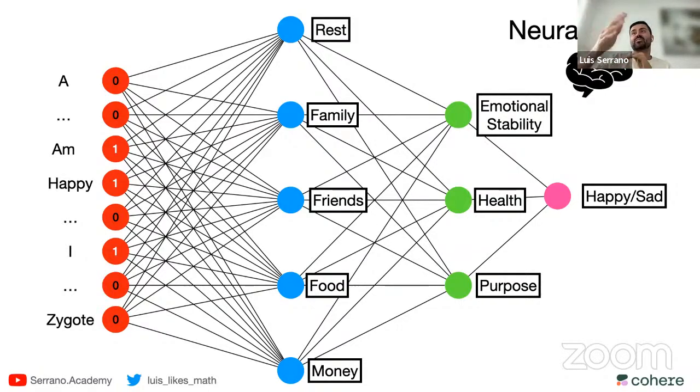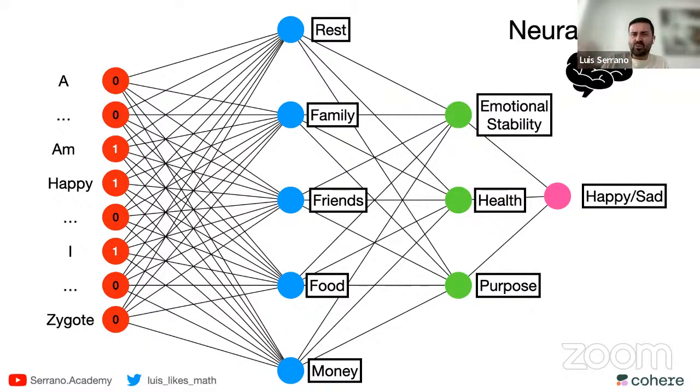And then all those outputs go into a next layer, which tells you more complex things like emotional stability or health or purpose. And then that one goes to the end one that tells you if you're happy or sad. And you can have many layers, where each layer kind of takes care of a more complicated set of concepts that are just harder to model. The first layer is just really simple stuff, and then with the last one you get if the sentence is happy or sad. So that's kind of how I imagine it.